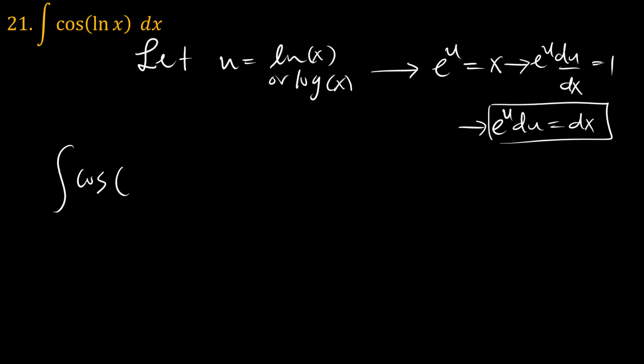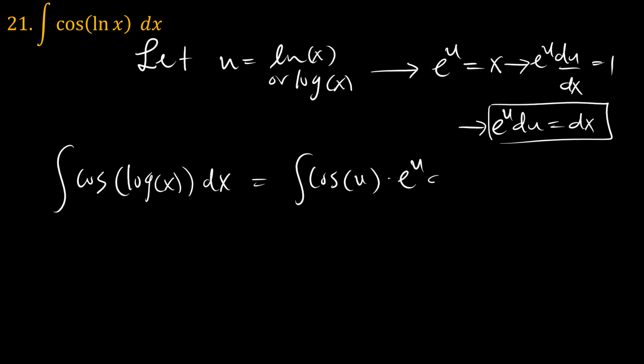And so our problem now becomes cosine of the natural logarithm of x becomes cosine of u in the u domain, e^u du. So what we have here is more of a cyclical problem.